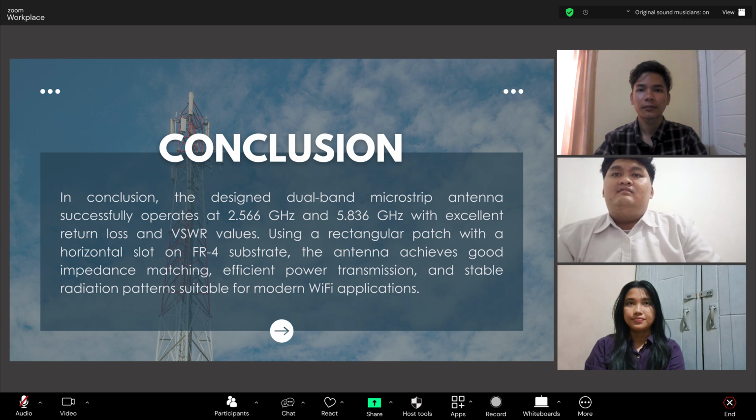Its structure, which includes a horizontal slot and FR4 substrate, supports good impedance matching and efficient signal transmission. The radiation pattern, both omnidirectional and directional, makes it suitable for modern Wi-Fi applications.